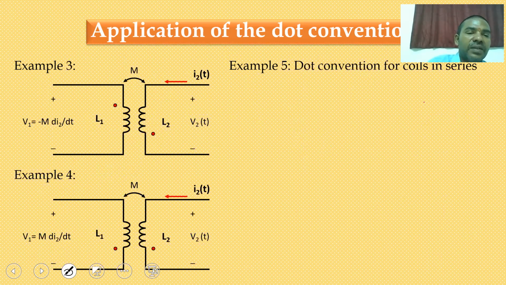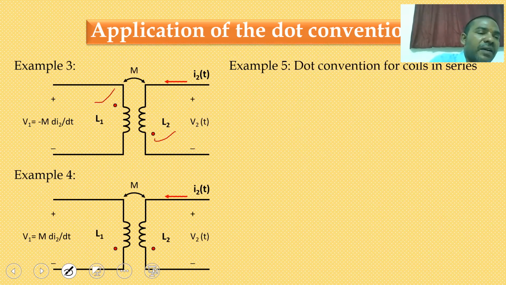So coming to example 3, V2 is the applied voltage, and I2 is the current flowing through the circuit. L1 and L2 are the two coils. The I2 current is at an ending dot, but the primary current is at a starting dot.